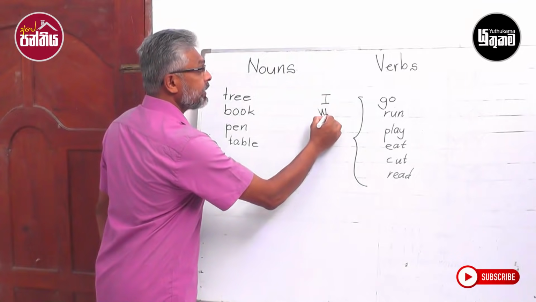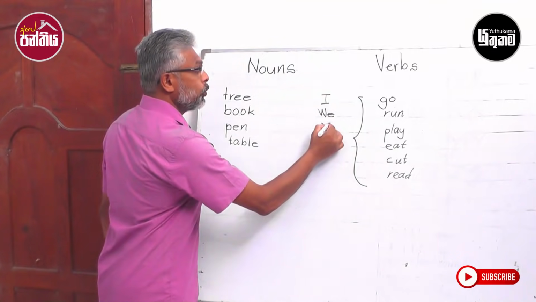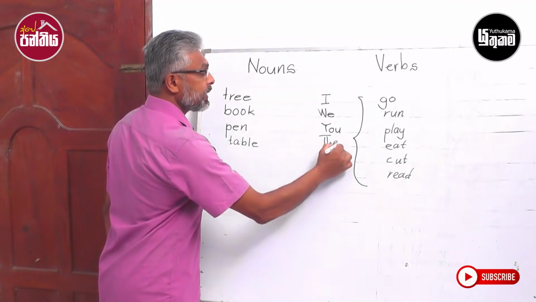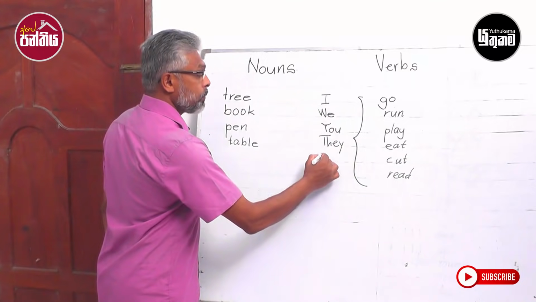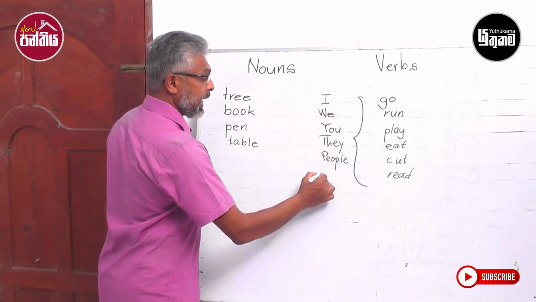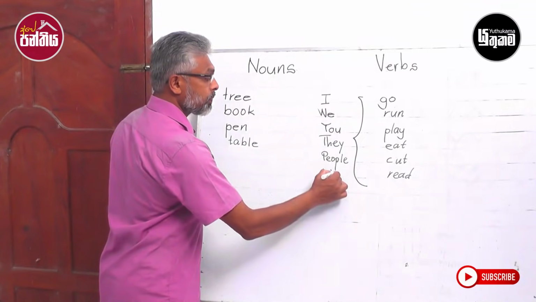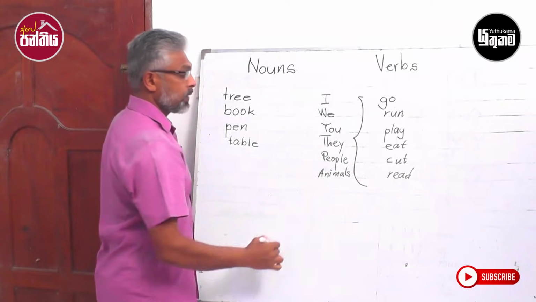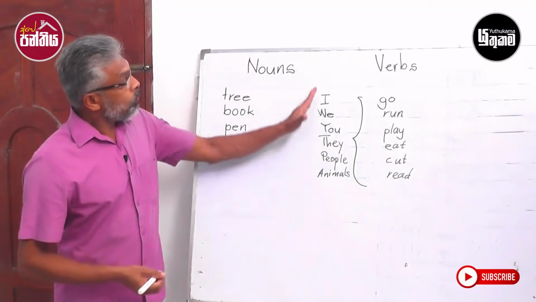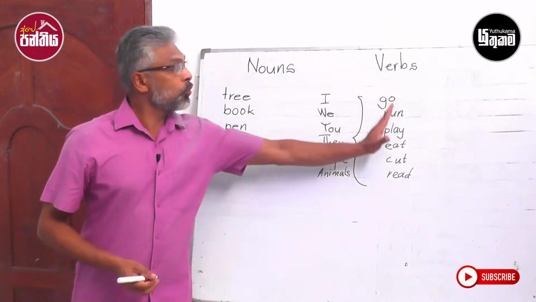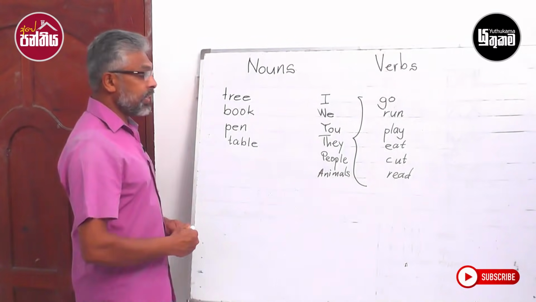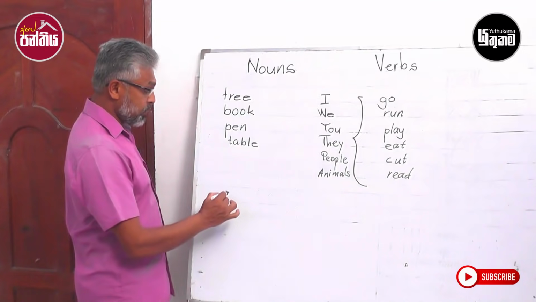And we, you, they, people, animals. With all these plural subjects you can use these verbs, not with the singular subjects.